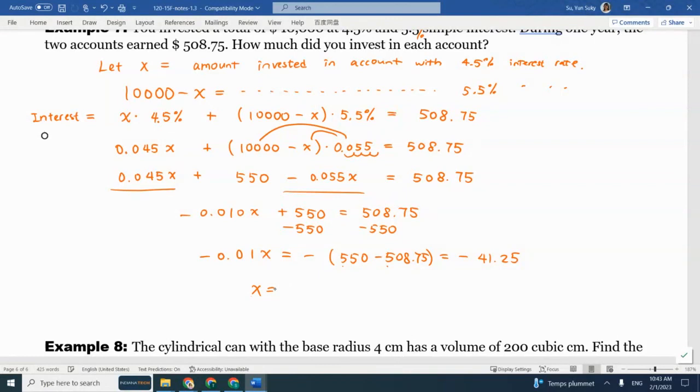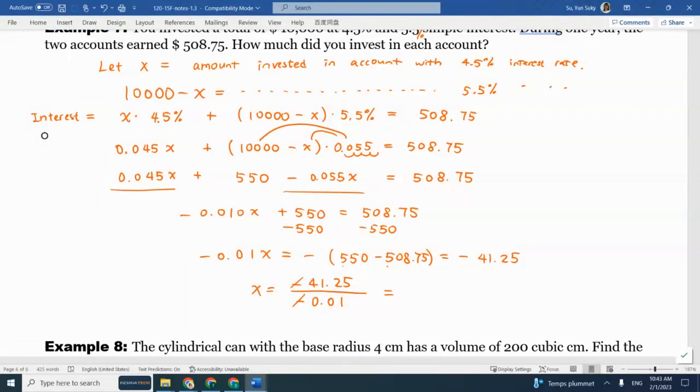Okay, now get the x. Both sides divided by negative 0.01. What do you get? Do you know negatives cancel? Yes, negatives cancel.